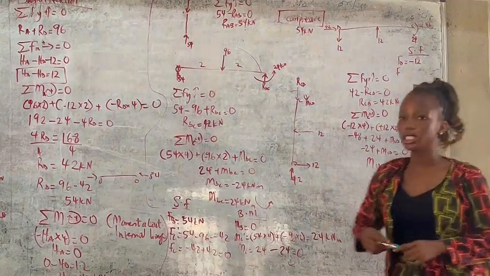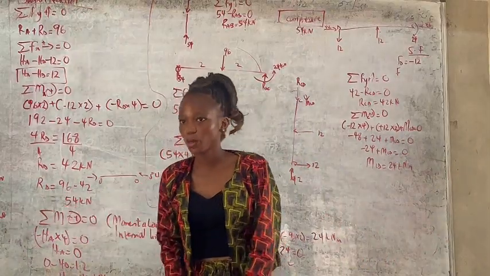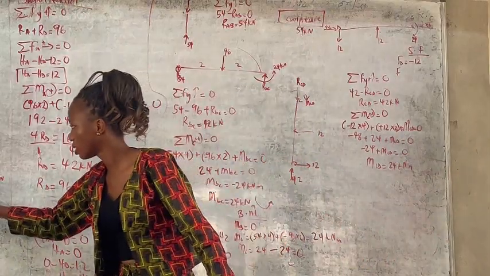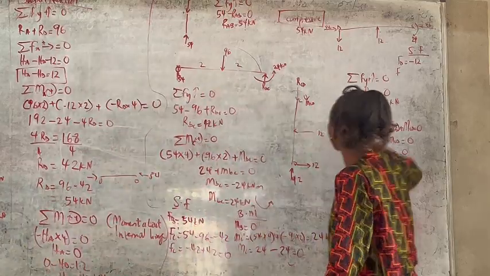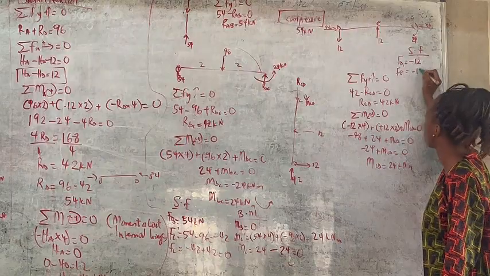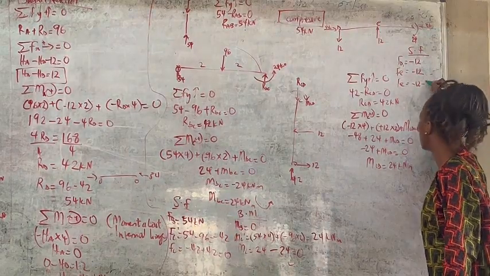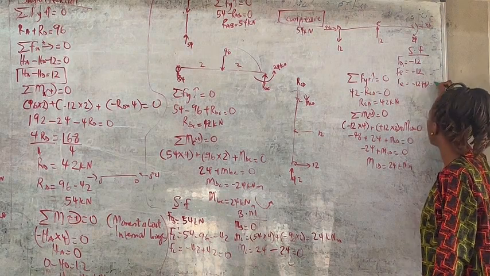Now, just like we did in the first question, this is a point load, not a moment, so we can label this place as E. So we are going to find the shear force at E. Now, before E, we have a negative 12 also. At E, minus 12 plus 12 is 0.